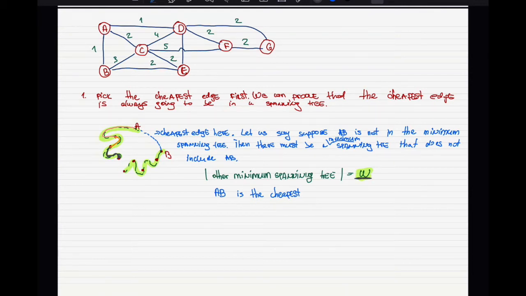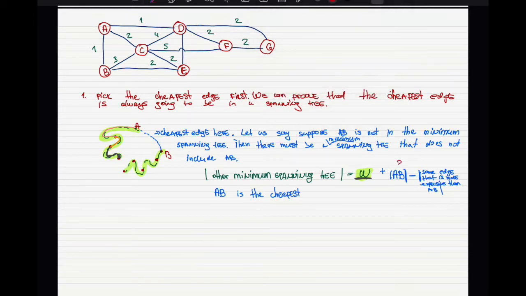Right? So that means I had the original weight W. I've added the cost of AB, and I've removed some edge that is more expensive than AB.